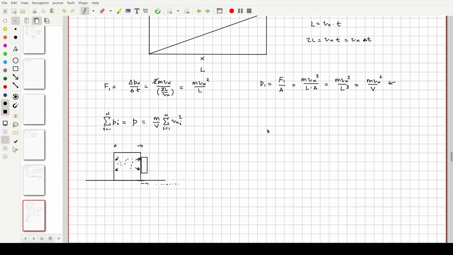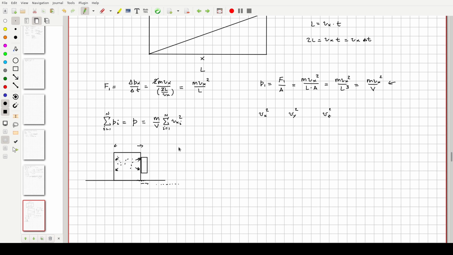So what that means is the following. If I were to look at the average speed, we're going to square it to make it positive, in the x direction, and if I were to look at the average one in the y direction, and the average one in the z direction, overall, these should all be the same.